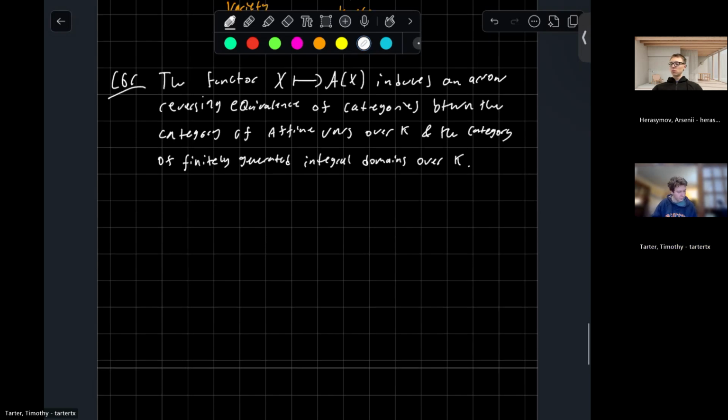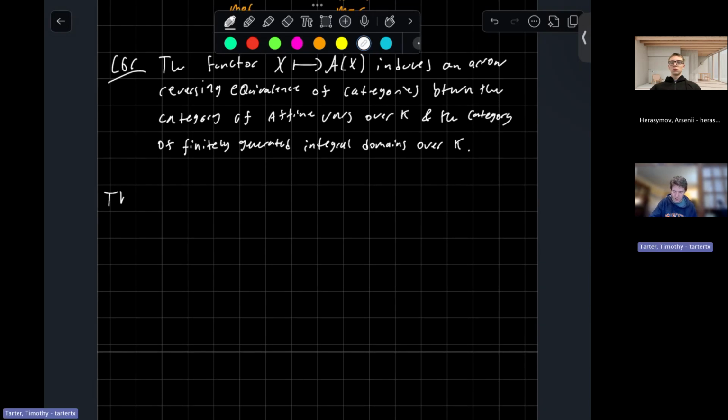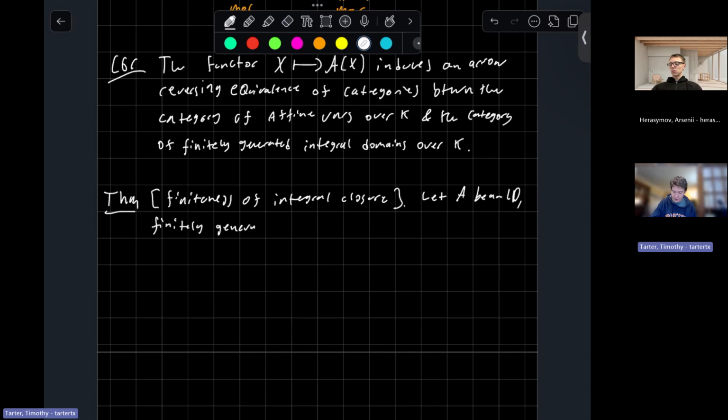And so then the theorem, finiteness of integral closure, says: let A be an integral domain which is a finitely generated K-algebra.